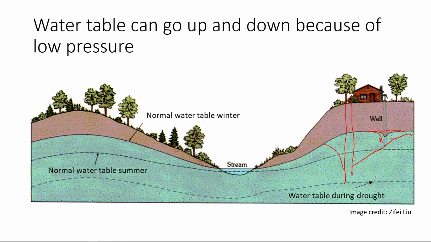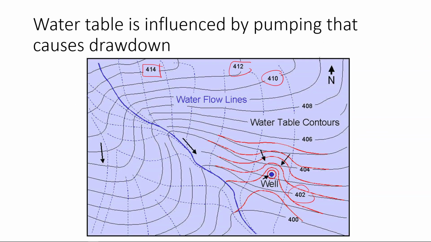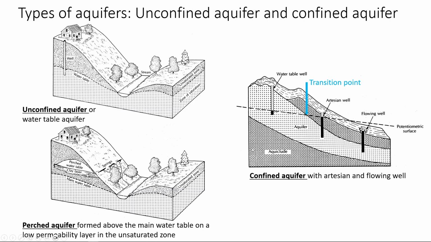Once I start pumping, your water table will decrease significantly, as you see here. The contours are far apart because there's no big gradient, but once you start pumping, the contours become very dense and very close to one another. Okay, so that's also something you need to know.